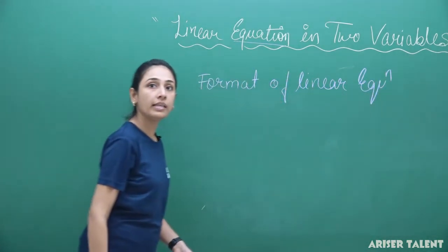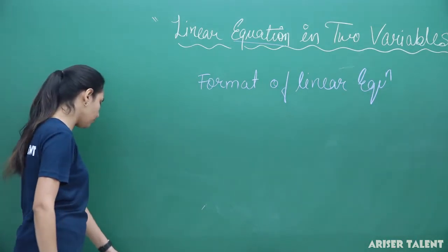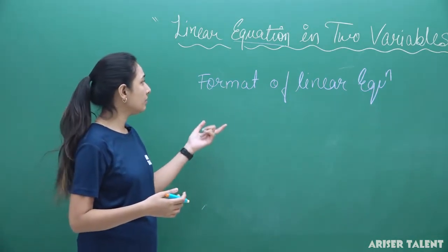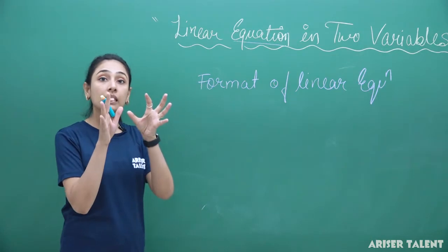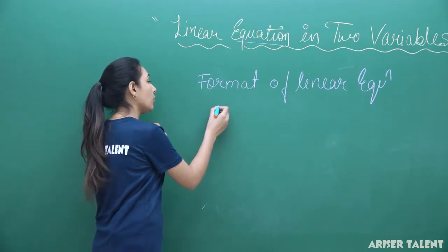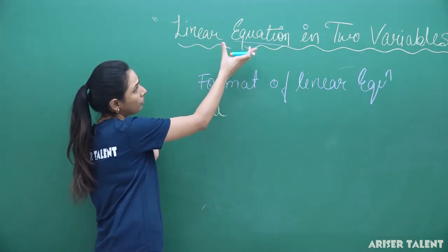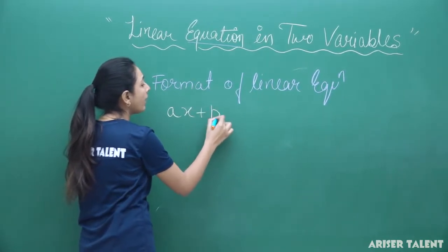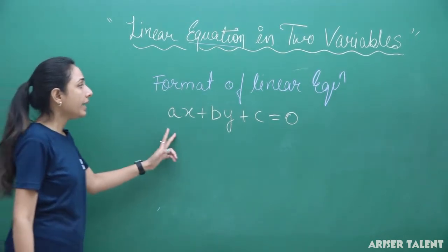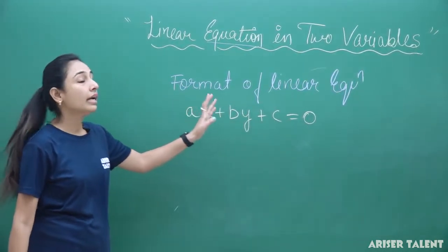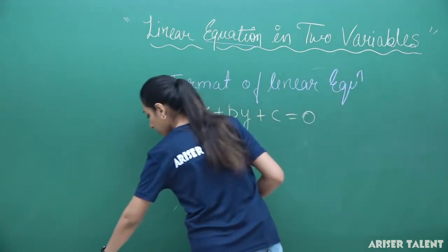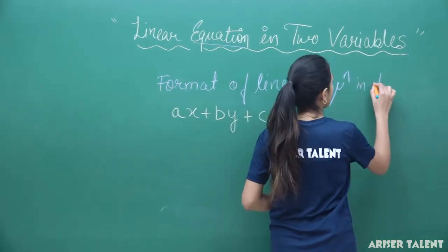I have told you that in each and every lecture I have written this on the very top with the topic of your chapter: ax plus by plus c equals 0. Ax plus by plus c equals 0 is the standard format of our linear equation in two variables.